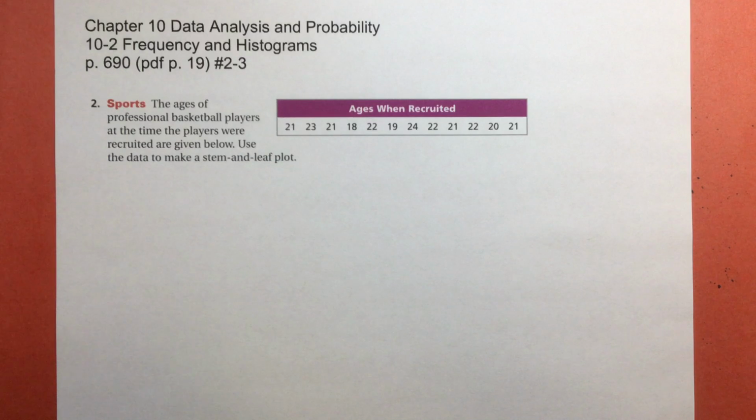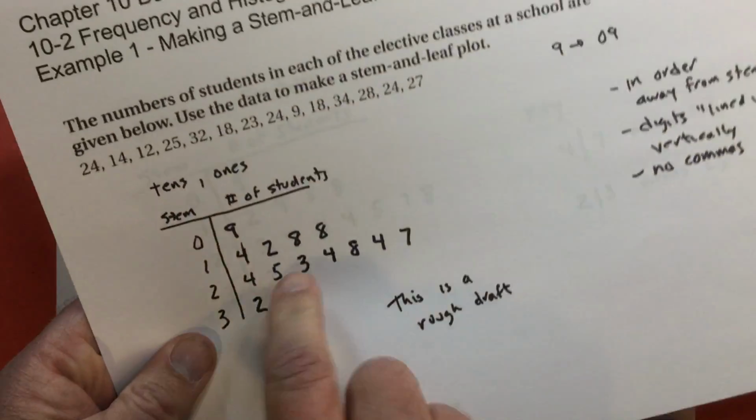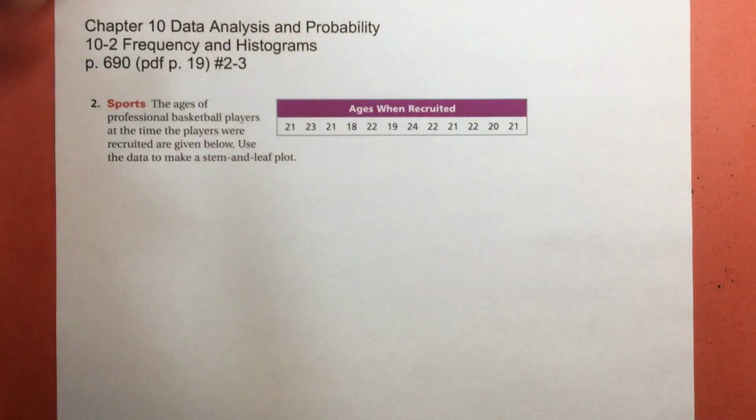Because you have to put the numbers in order to find the median, I have seen students put numbers in order using stem and leaf plots. They real quick jot down one of these things and then they put them in order, which just allows you to sort the data, and then you're able to keep sorting it in an easier way. So I always thought that was kind of cool.